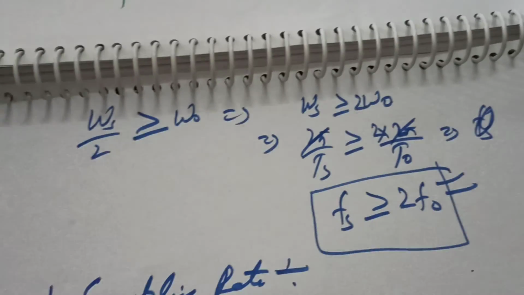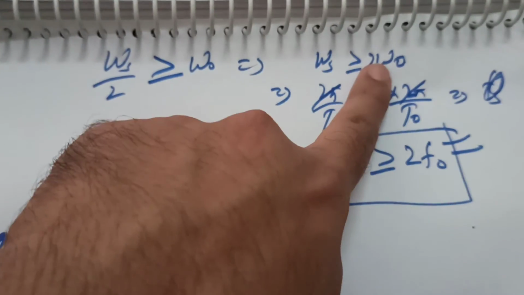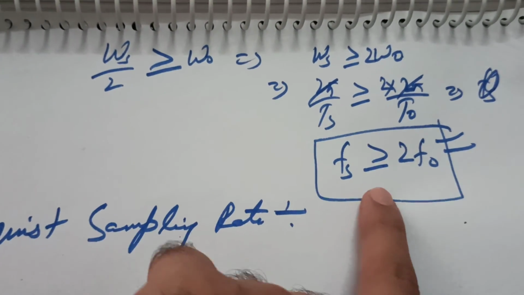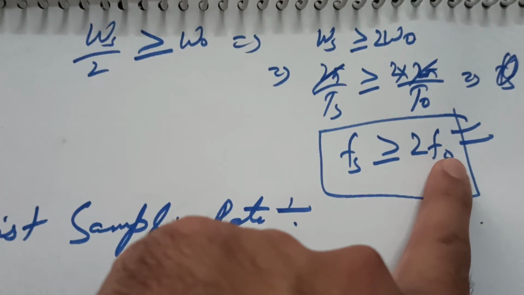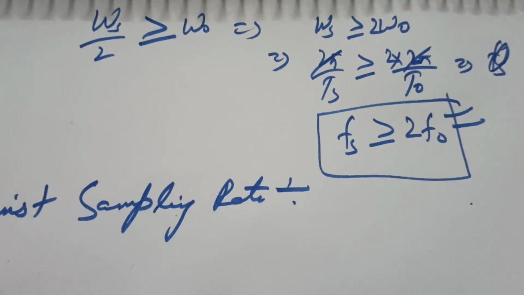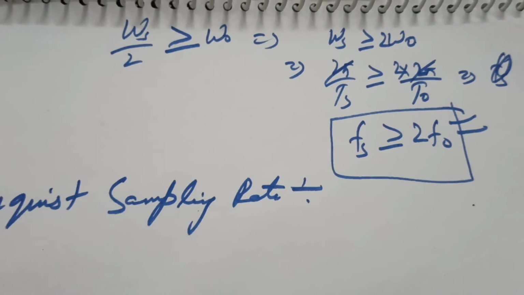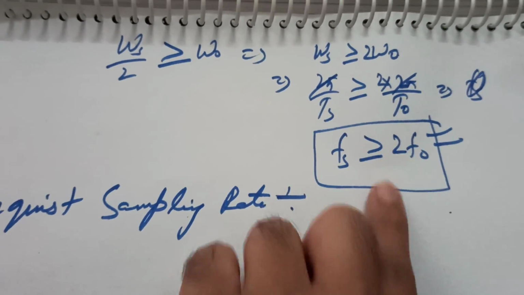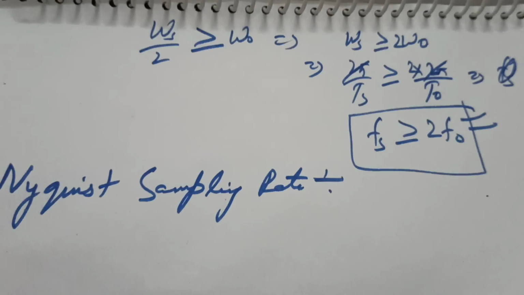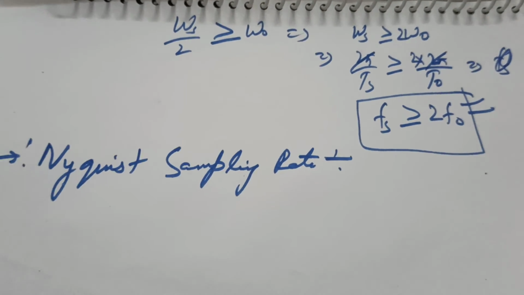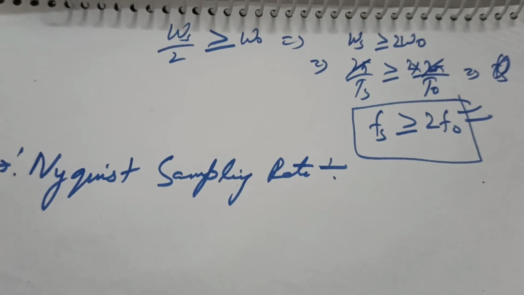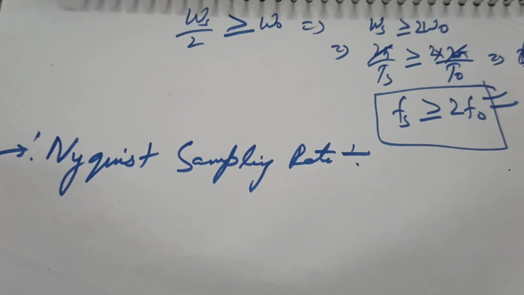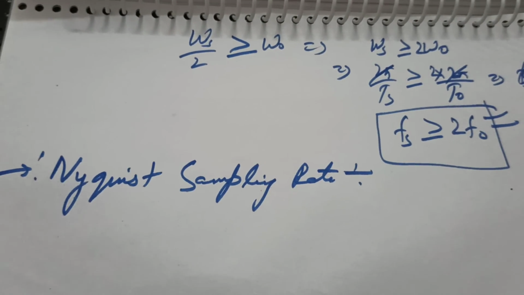So this is the condition again, omega s is greater than or equal to 2 omega naught, from where we come to the conclusion fs has to be greater than or equal to 2f naught for proper sampling. This is the Nyquist sampling rate. If fs is not greater than 2f naught, then we can very well say that the exact signal cannot be reproduced. Okay, so this is how the Nyquist sampling rate is defined.